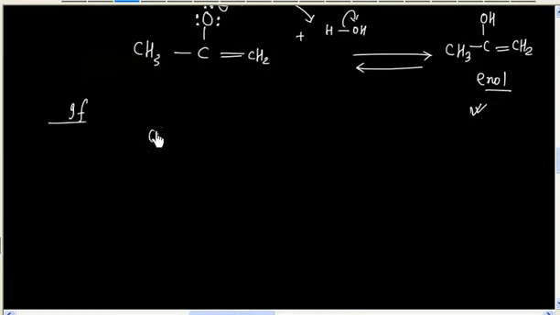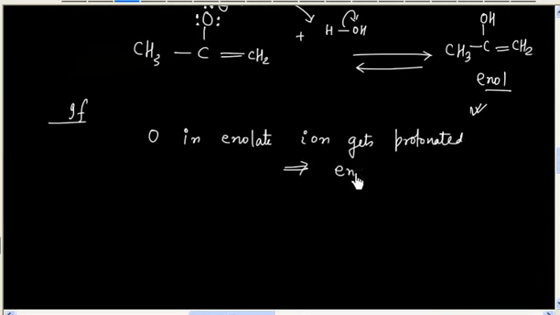So if oxygen in enolate ion gets protonated, we will have enol form, and if carbon gets protonated, we will have keto form.